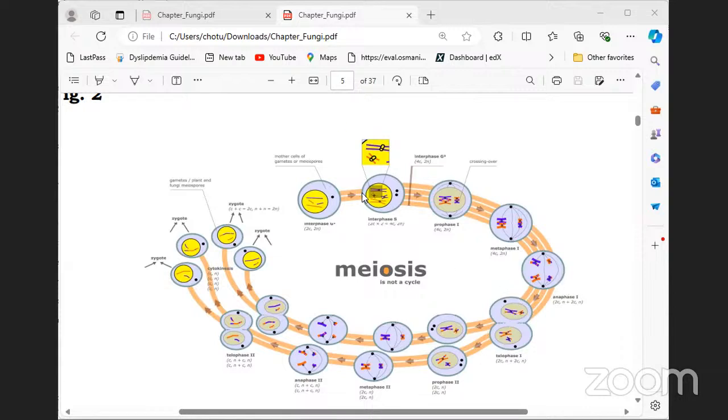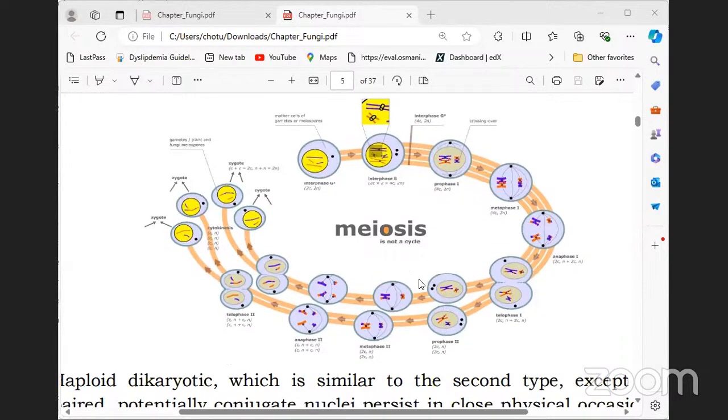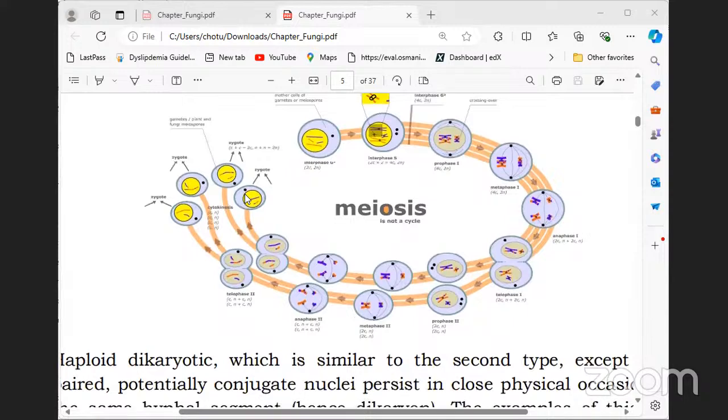After telophase, the second meiotic division starts: prophase 2, metaphase 2, anaphase 2, telophase 2. After telophase, cytokinesis starts. This one produces one gamete, this one another, and so on. These are all called gametes, in plants and fungi.